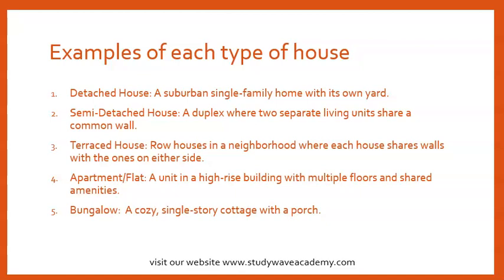Terraced house, row houses in a neighborhood where each house shares walls with the ones on either side. Okay? Houses in a row where they all look connected. Each house shares walls with the ones on either side.